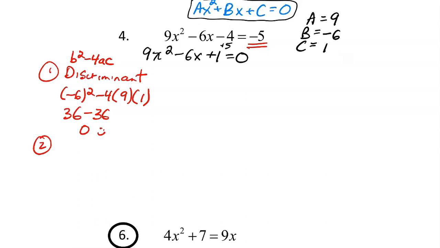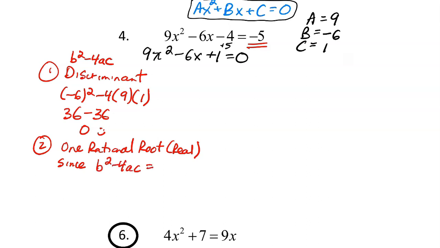So if the discriminant is 0, we would get 1 rational root. That's a real number. We get 1 rational root since the discriminant, b squared minus 4ac, equals 0. On the previous page of the notes, we talked about when the discriminant is 0, you get 1 rational root. And then the third step, we'll find that 1 rational root.